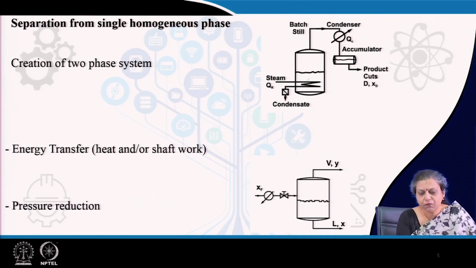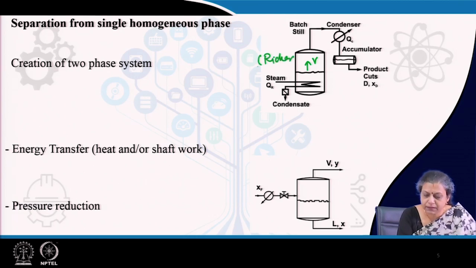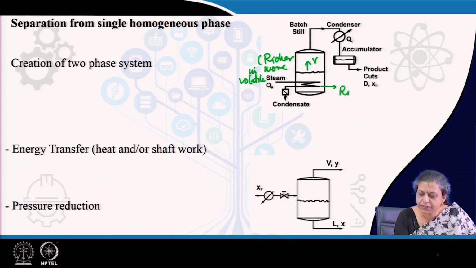Moment we heat it, what happens? The liquid which is there partially vaporizes. When it partially vaporizes and the vapor is formed, quite naturally the vapor will be richer in the more volatile component. So, the vapor which is richer in the more volatile component rises up, leaving behind a liquid which is richer in the less volatile component.